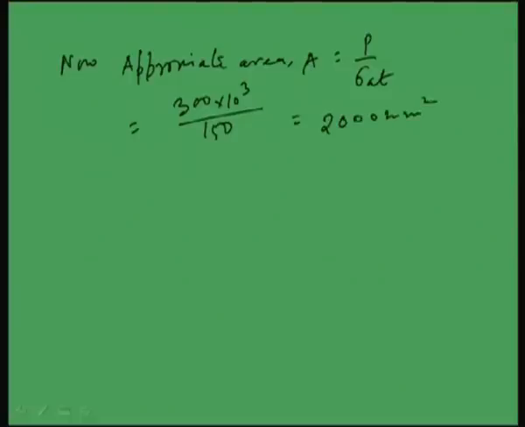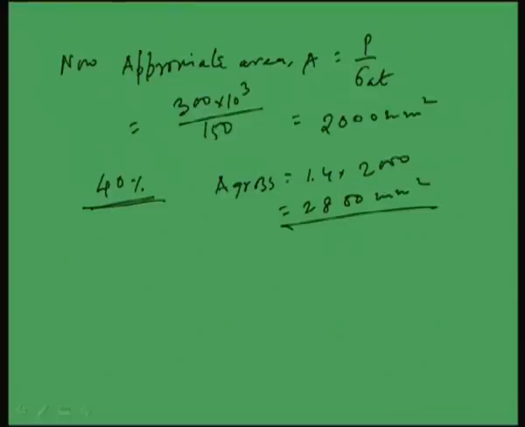Now let us increase the area by 40%. If we increase 40% extra, then A gross will become 1.4 into 2000, so this is becoming 2800 millimeter square. With this area, now we have to find a suitable section.